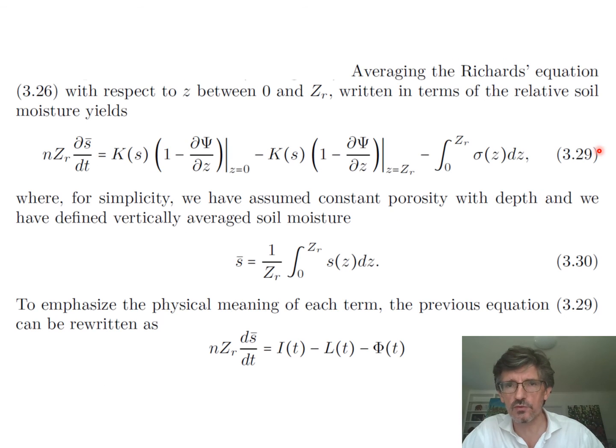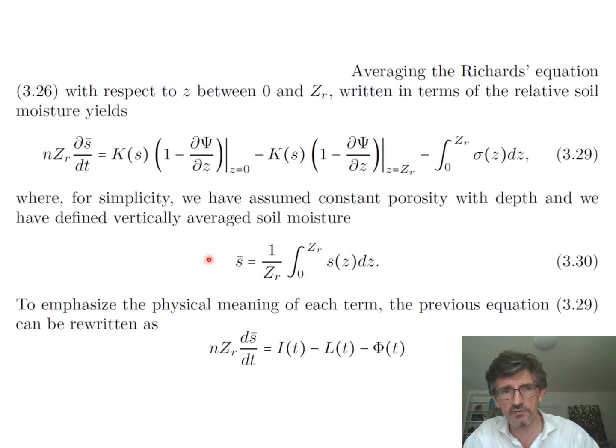And here is what happens. So we take an integration. The first term and ZR are considered constant, so they go out of the integral. And then, of course, the vertical integration gets into the time derivative and can be done inside the derivative.